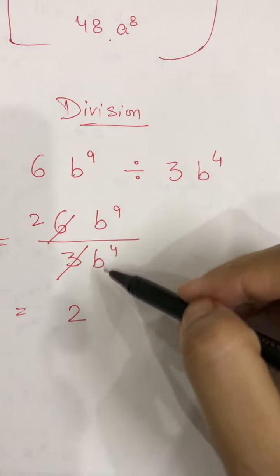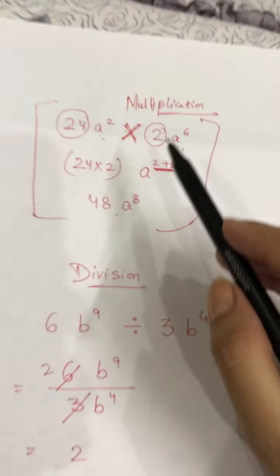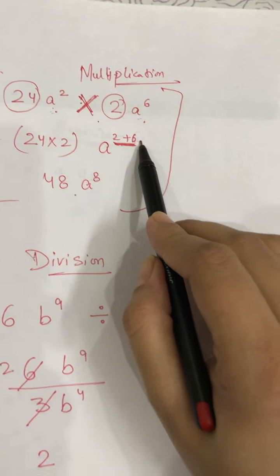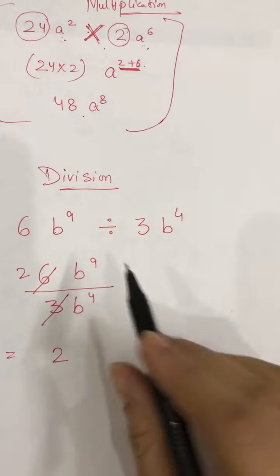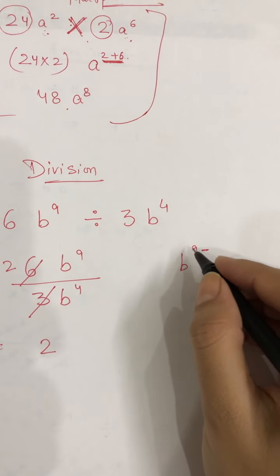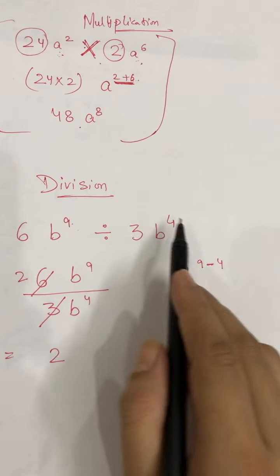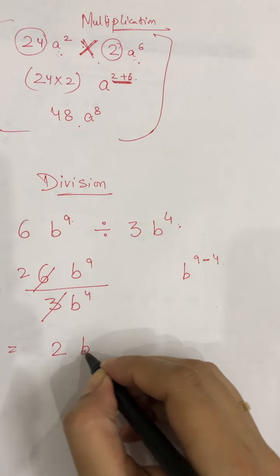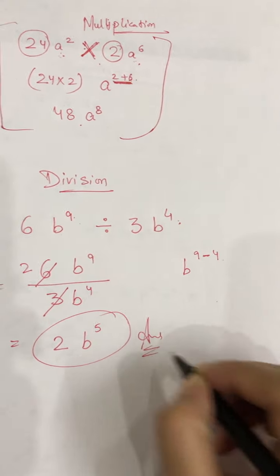Now you have to cancel b raised to power 9 with b raised to power 4. In the case of multiplication we add the powers, and in the case of division, that is the rule, you have to subtract the powers. 9 minus 4 is 5. So the answer will be 2b raised to power 5.